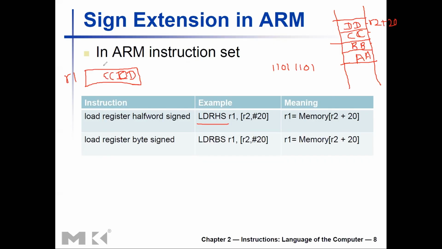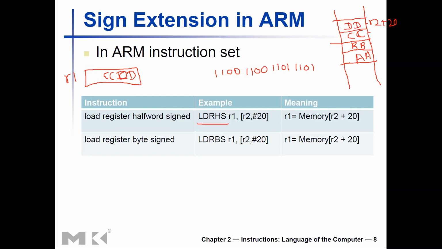CCDD, and the rest is, this is the double size of this part. So this is it, and 0 0 1 1, 0 0 1 1. Okay, this is CCDD.